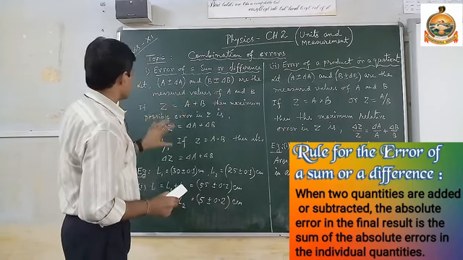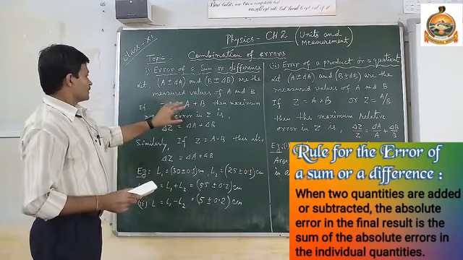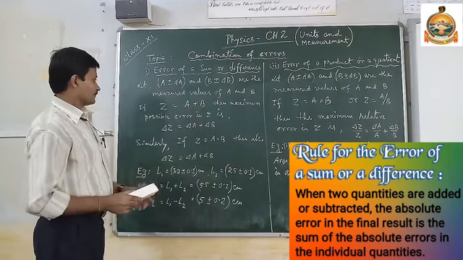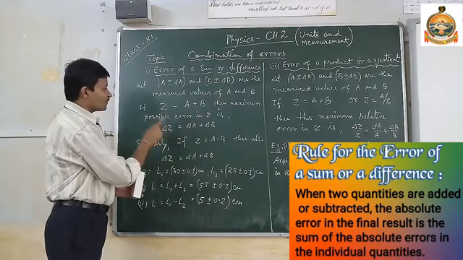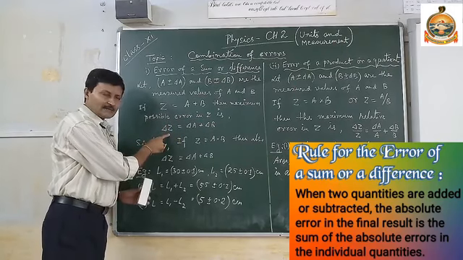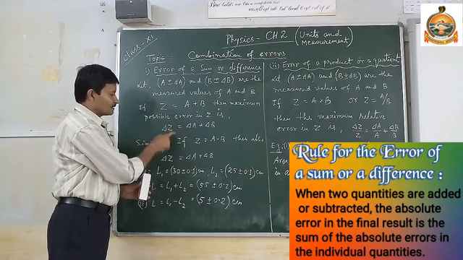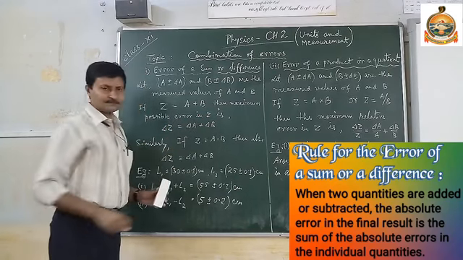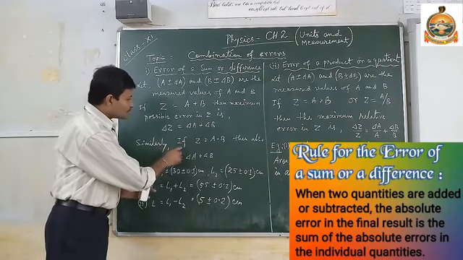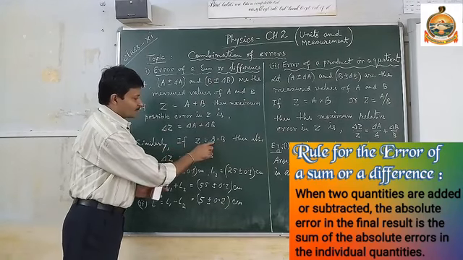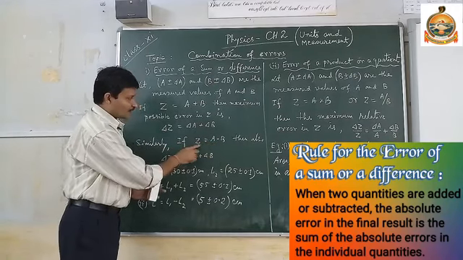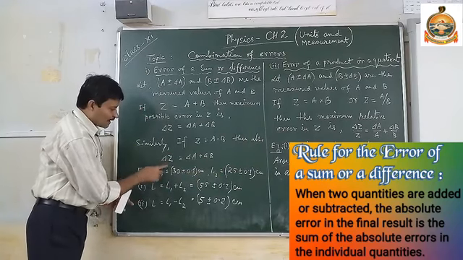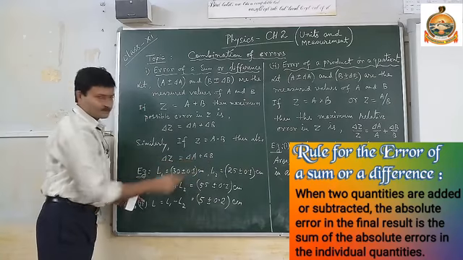When we add them to get the final result Z, the maximum possible error in Z, the absolute error delta Z, is equal to delta A plus delta B. Similarly, if we subtract the measured quantities, the error in the final result is also the absolute error, and this is equal to delta A plus delta B.